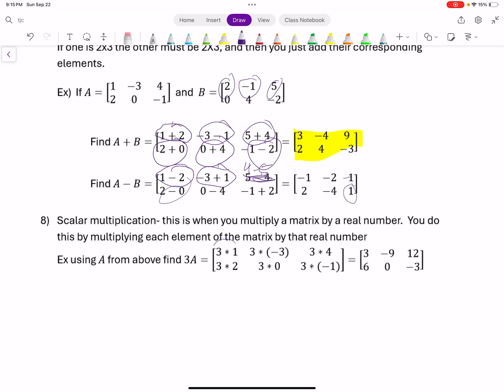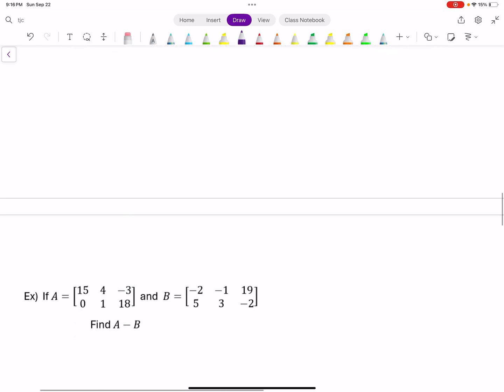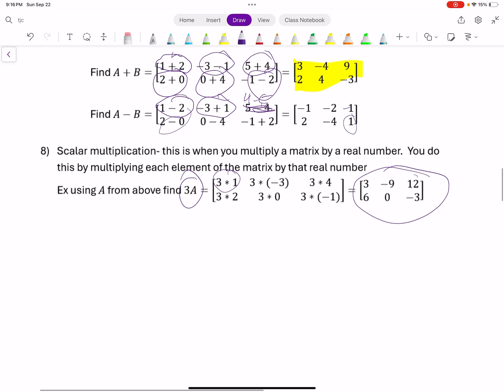So that's what I'm doing here. 1 times 3, -3 times 3, 4 times 3 is 12, 2 times 3 is 6, 0 times 3 is 0, and -1 times 3 is -3. And you get that. So that's called scalar multiplication. So 3A. Multiply A by 3, which means we multiply every element in A by 3. Okay. So that's what is in this intro to matrices.